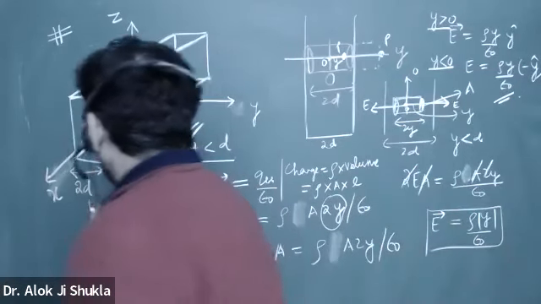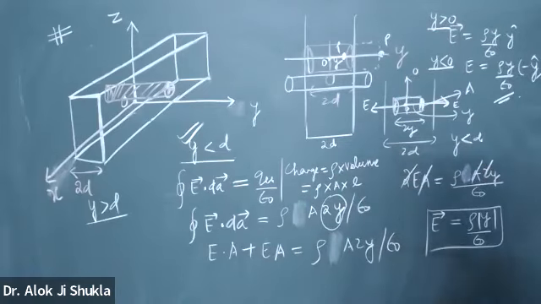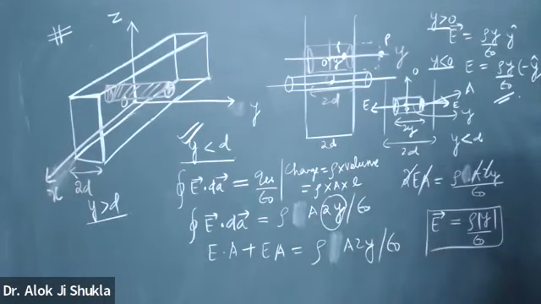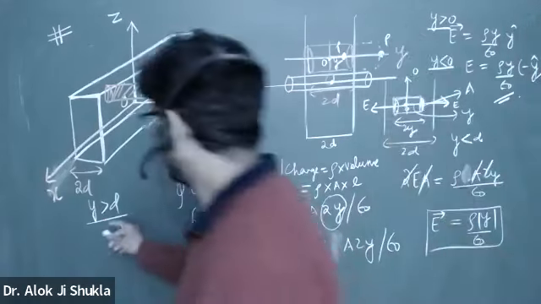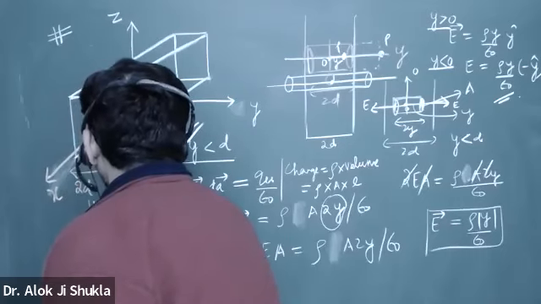And the second case is very interesting: when y is greater than d. That means your Gaussian surface will come out of the slab, right? When y is greater than d, you have to write very intelligently, because the integral of E dot dA will be Q enclosed over epsilon naught.